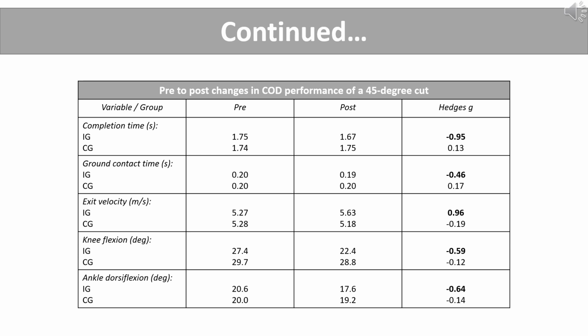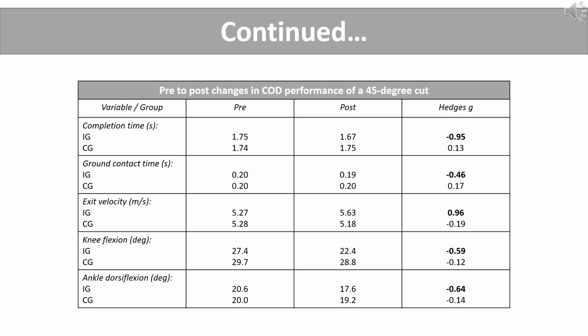Exit velocity is substantially higher. Remember, this is velocity, not time. This is about how fast they move. So the desirable outcome is the larger value. And you can see we've got a very large effect size of 0.96, showing that they are moving faster once they have come out of that 45-degree cutting action.